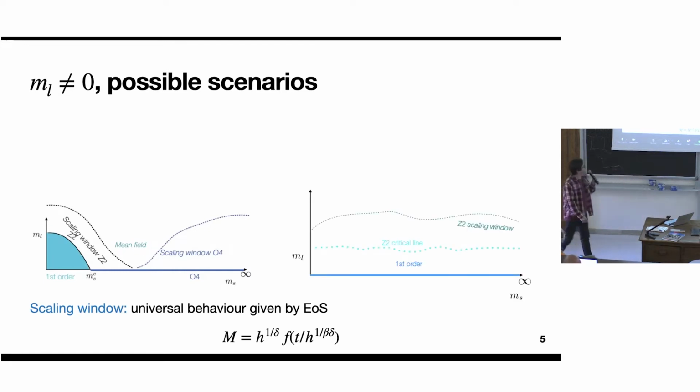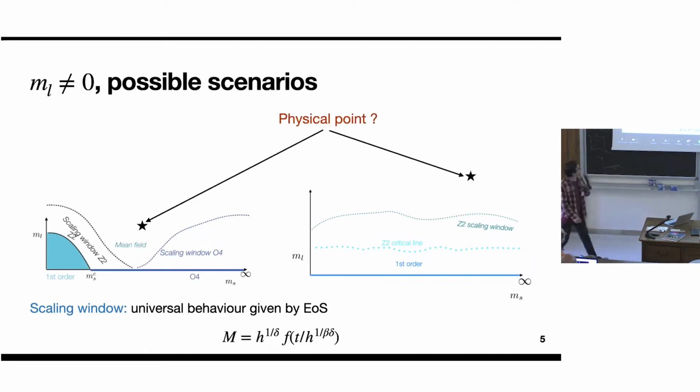In the alternative case, if there is, for example, a first order phase transition, it should persist also for non-zero light quark masses, probably ending in some critical line, which is shown here by cyan dots. Above this line, there might be some scaling window where this universal behavior describes the system.